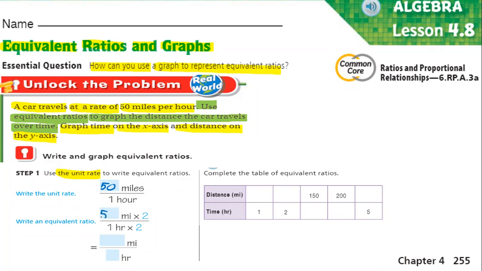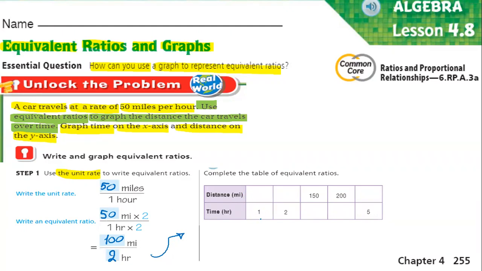You said by multiplying, so I'm going to multiply 50 by what? By 2. What is the answer? How many miles? It will be 100 miles. 100 miles in how many hours? 2 hours. Okay, can you put this answer in the table? Complete the table.